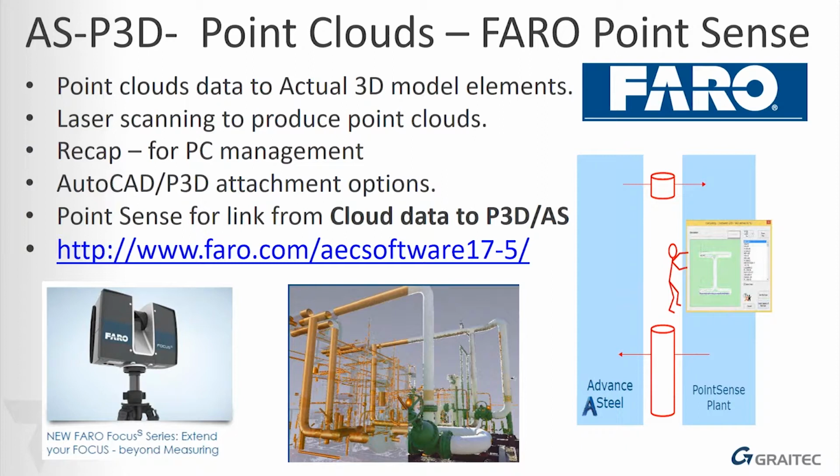You will have noticed probably a toolbar that was on my screen. That's to do with Faro. We did some work with them, some collaboration on a project, so they have some really nifty tools which work quite well with Plant 3D, and they have one that works with Advanced Steel. It uses the database from Advanced Steel, so you can actually map your elements in there and get them straight in as Advanced Steel objects.